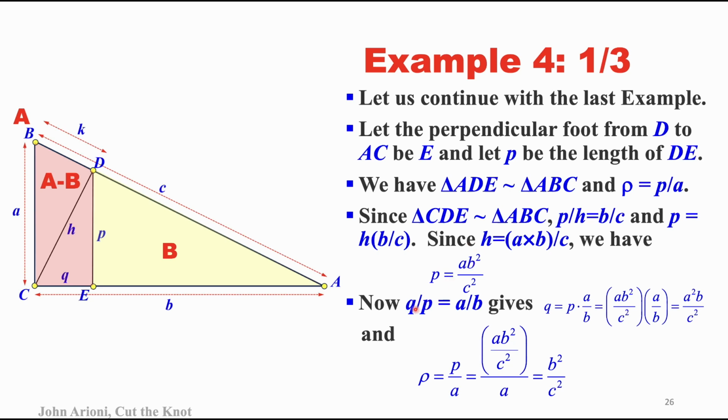Now, because q divided by p is the same as a divided by b due to similarity, q is p times a over b, and we know p here, so q is this. Therefore, rho is p over a, we have this. Rho is b squared divided by c squared.